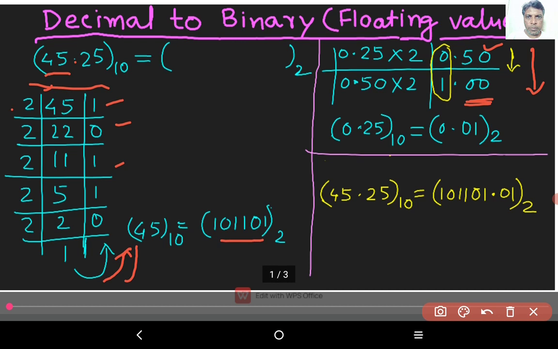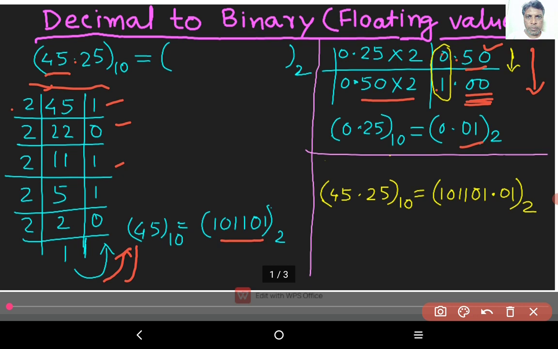So we multiplied 0.25 by 2 and get 0.50, and the left part is still 0. Next, the decimal part is again multiplied by 2, and it gives 1.00, so the decimal part becomes 00. We don't multiply further, and now we collect the whole parts of the multiplication. The first whole part is 0, the second is 1, so the binary form of 0.25 becomes 0.01.